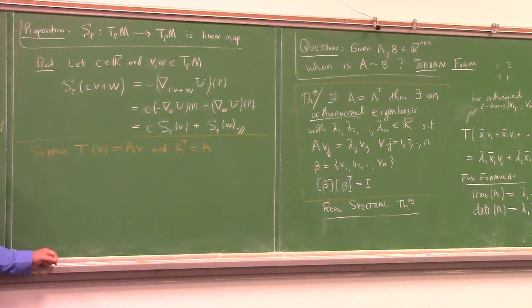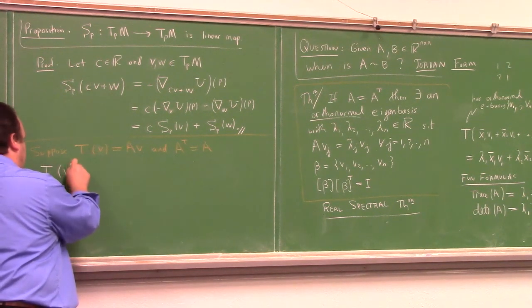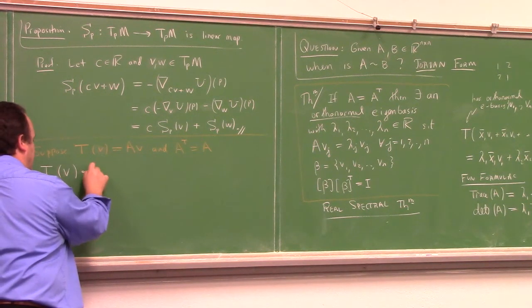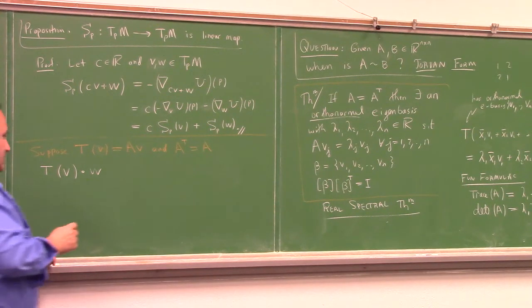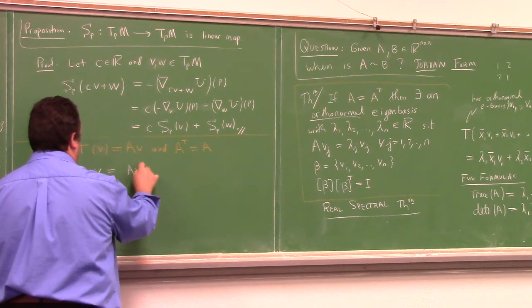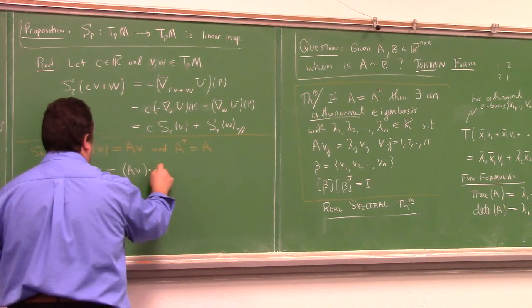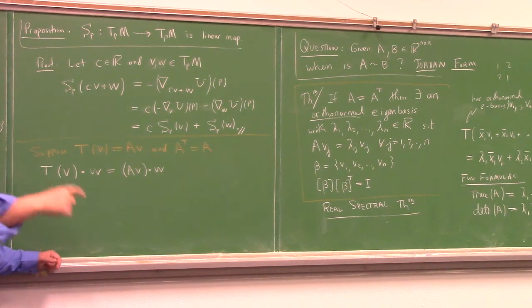I think it's something about the dot product. Let me try this out. What happens if we do T of v dot w? That's equal to Av dot w. How do we convert a dot product to a row-column product? We do transpose times column vector.